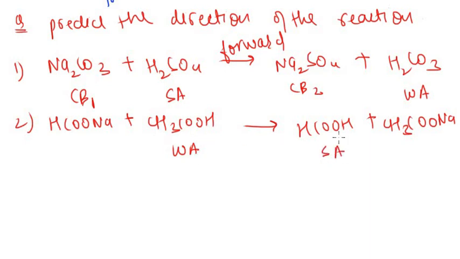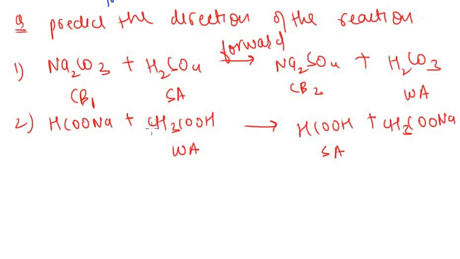Now this is acetic acid, this is formic acid. Now you will ask me, how can we identify whether acetic acid is a weak acid and formic acid is a strong acid? So again I am telling you that in organic chemistry I'll explain why acetic acid is a weak acid and formic acid is strong.